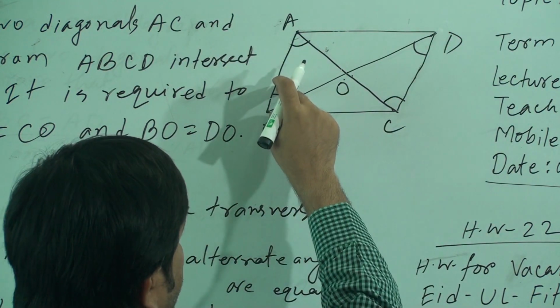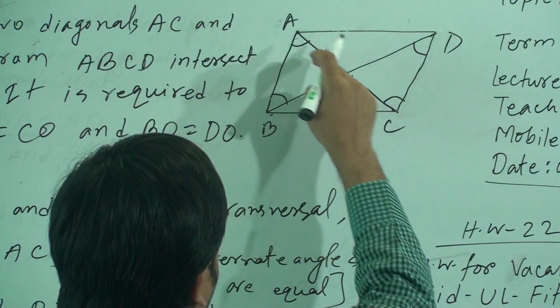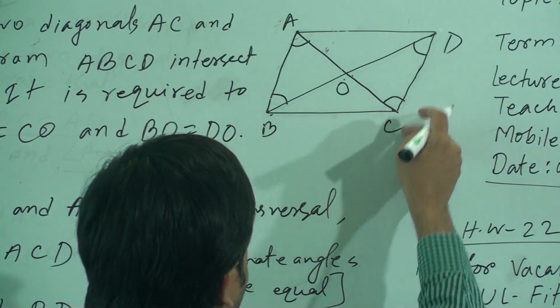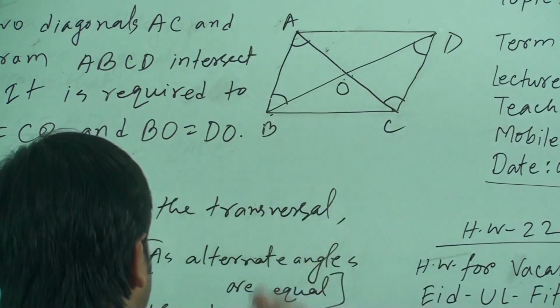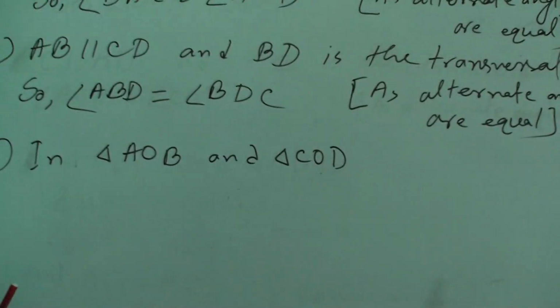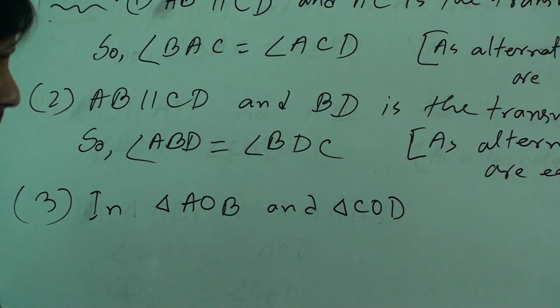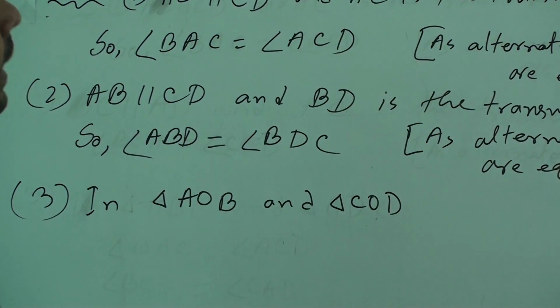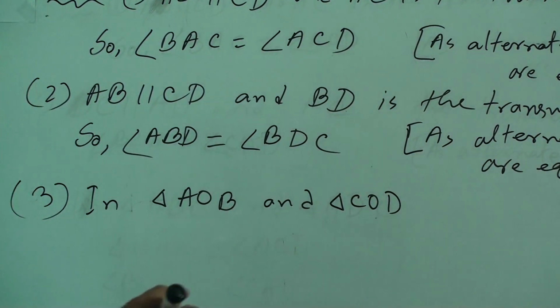So these two angles are equal to these two angles, and AB is the adjacent side and CD is the adjacent side of the angles. So we can say these two triangles are congruent according to the angle side angle theorem of congruency.